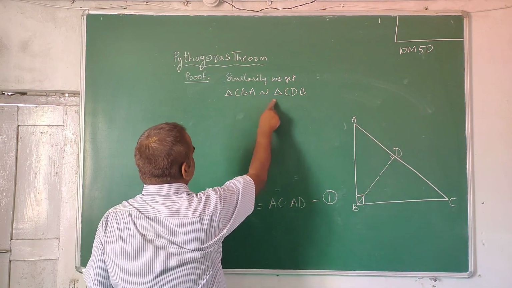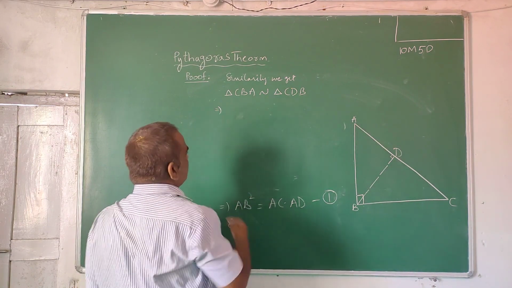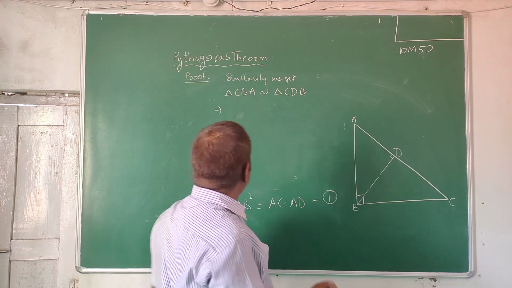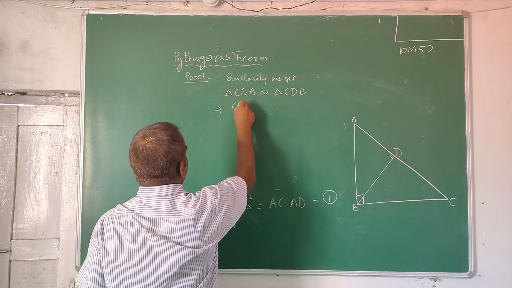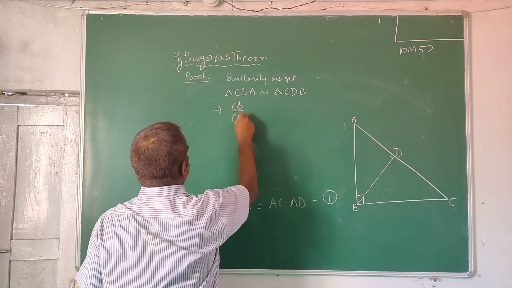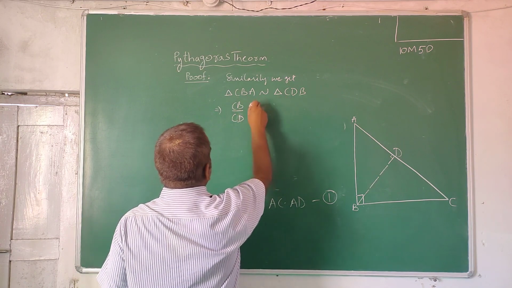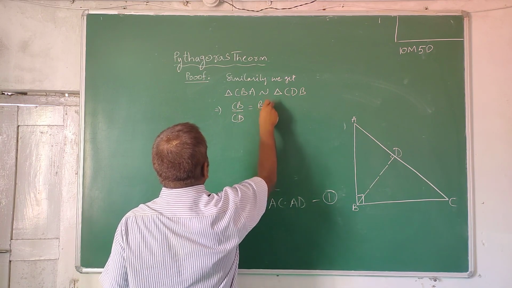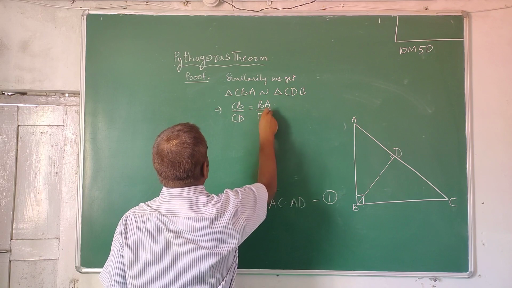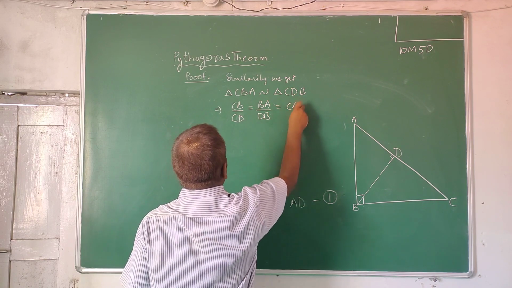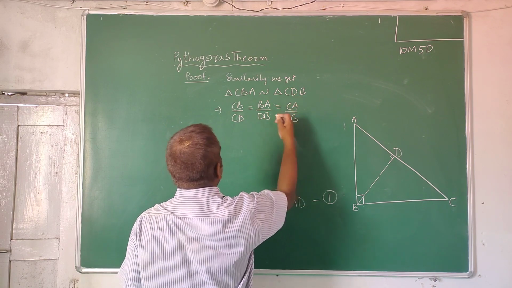Then as these triangles are similar, by CPST, what do you get? CB by CD is equal to BA by DB is equal to CA by CB.